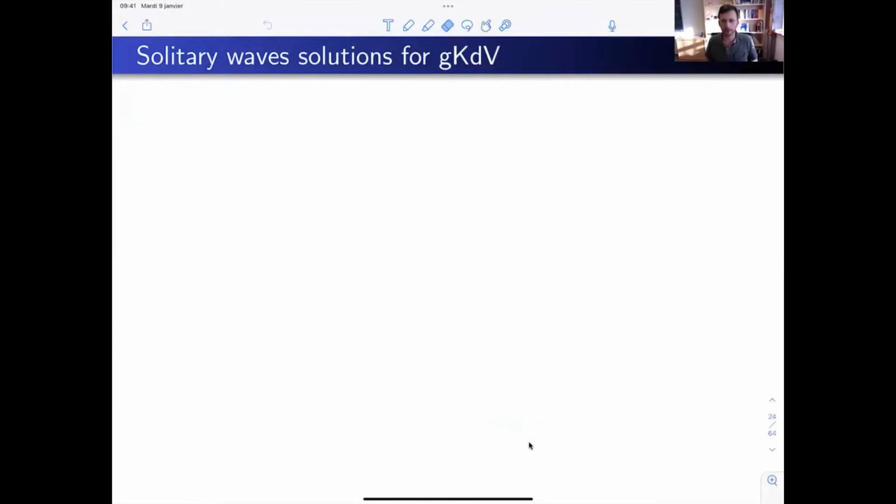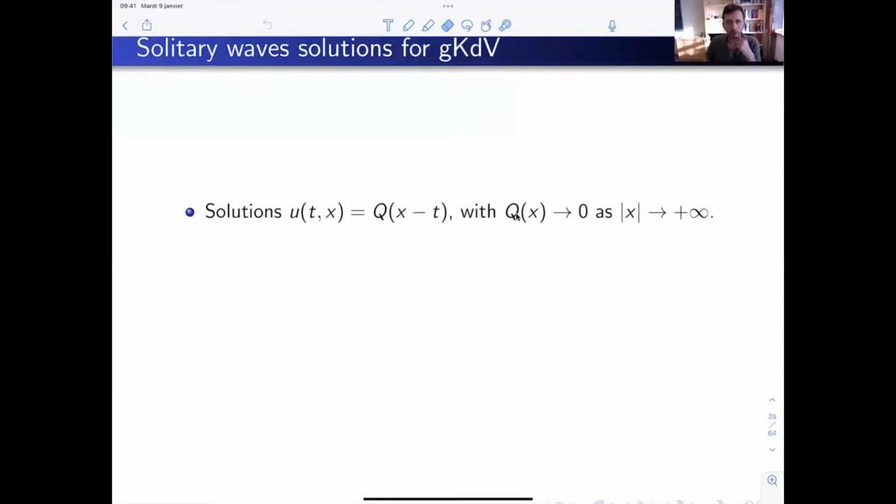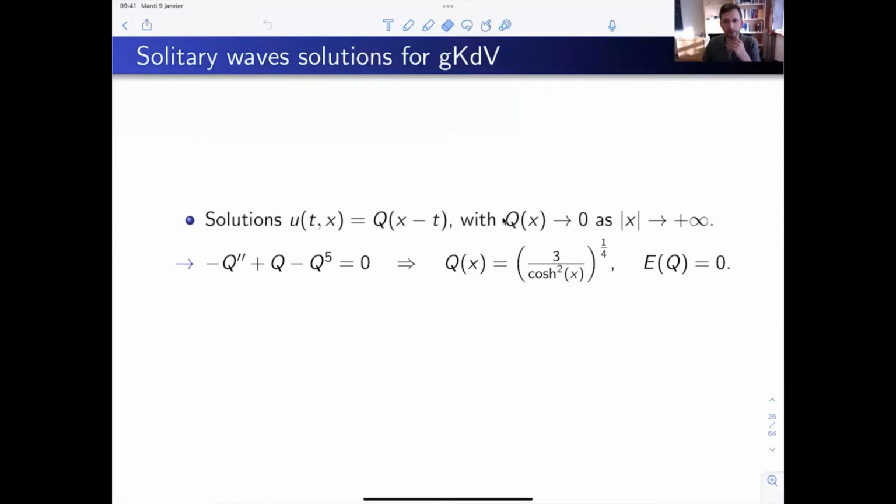Now, there is another very important object for this equation, which are the solitary waves. Okay, so what are solitary waves? They are solutions of this form: Q of x minus t, with Q a profile, so which is going to 0 at infinity. Okay. Then if you plug that into the equation, you see that Q must satisfy a second order ODE.